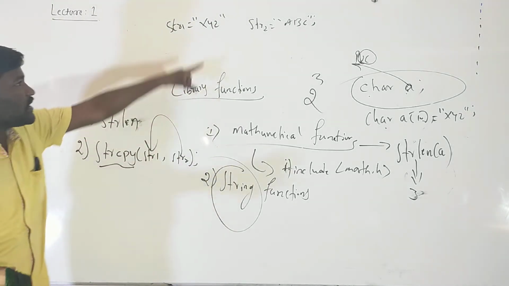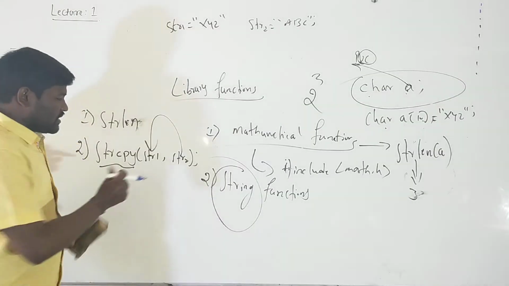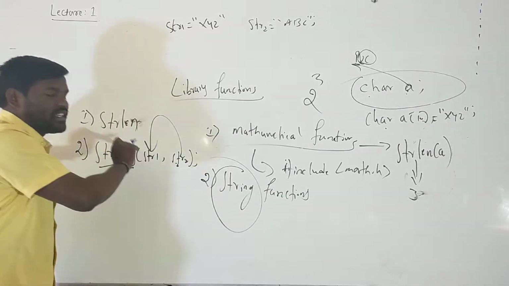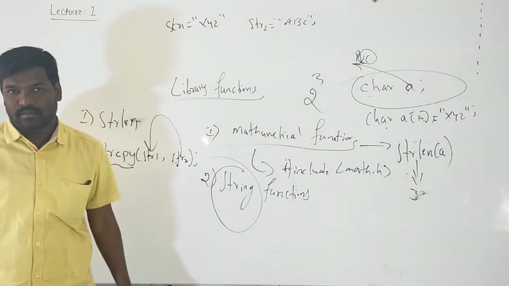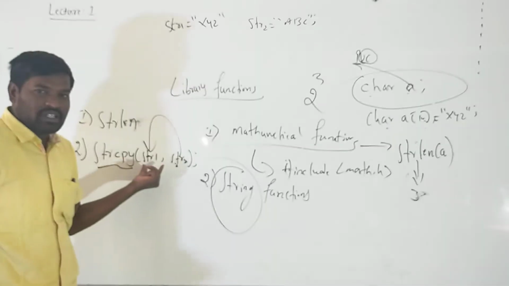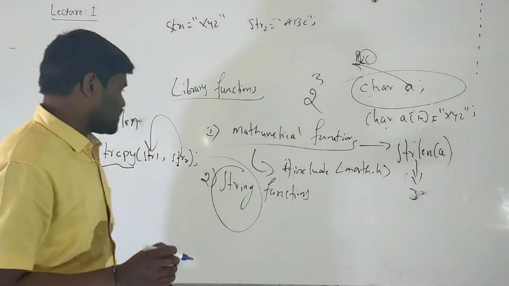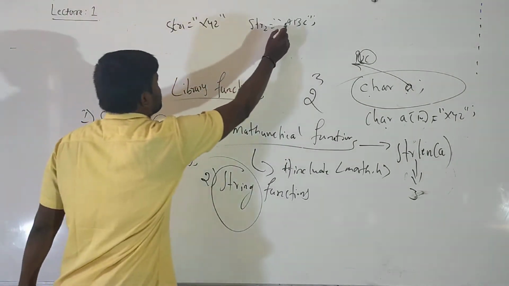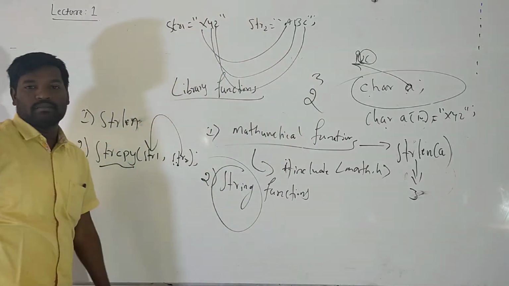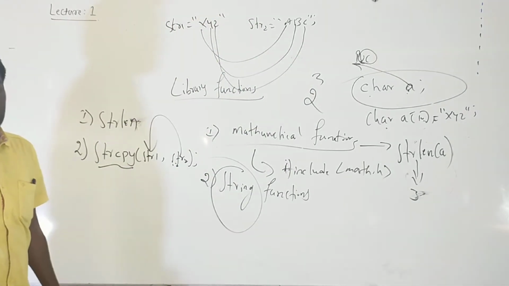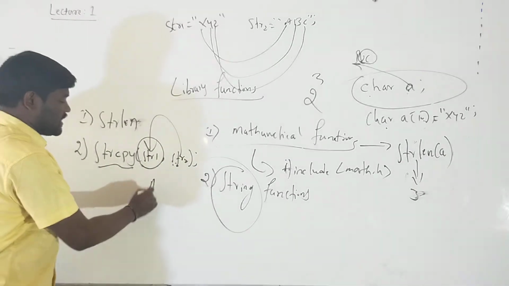Here string 2 value is ABC, string 1 value is XYZ. Here str2 values are copied into string 1, which means str1 values are automatically deleted, because str1 consists of only 3 characters and str2 also consists of 3 characters. Okay, the first character is stored in place of x, the second character in place of y, and the third character in place of z. The resultant string str1 is ABC.